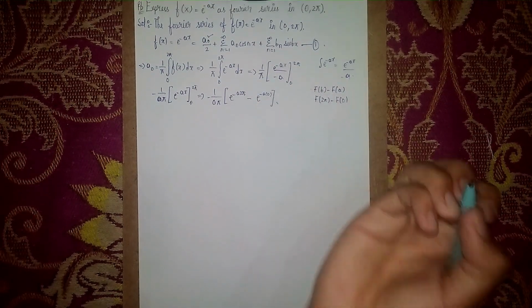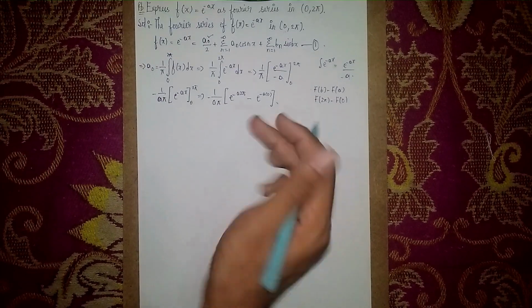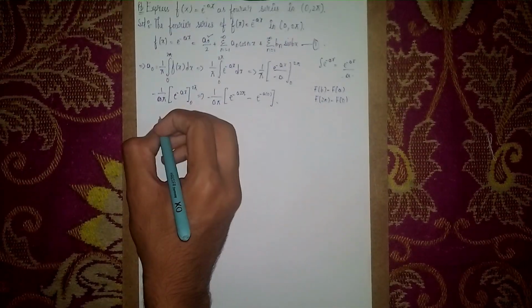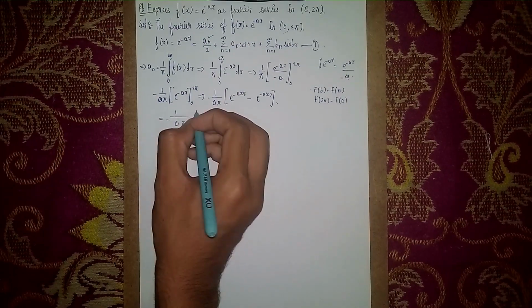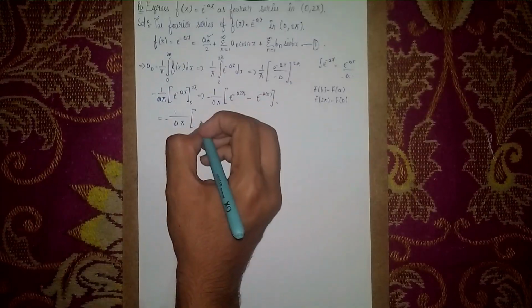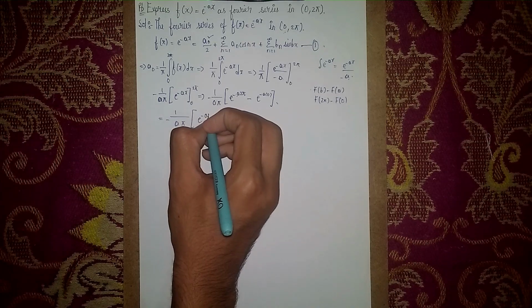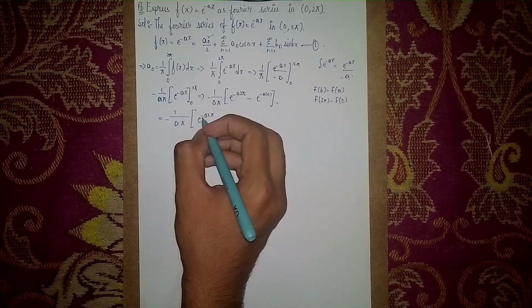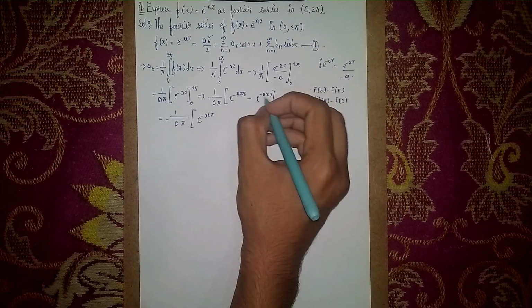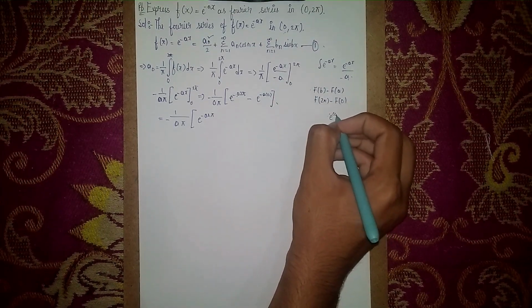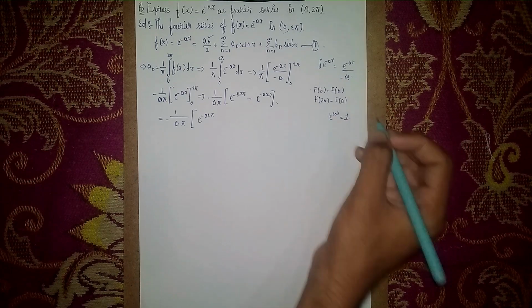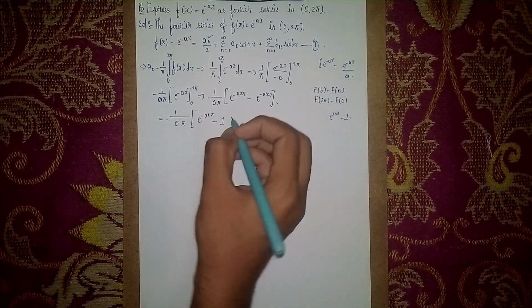Always remember, minus a into 0 becomes 0, so e power 0 is equal to 1.